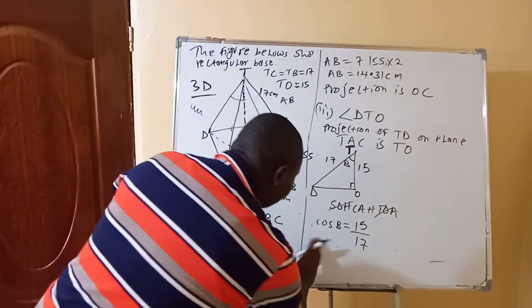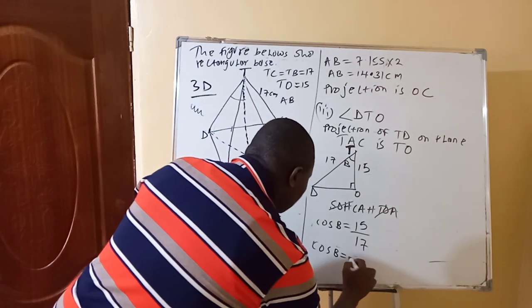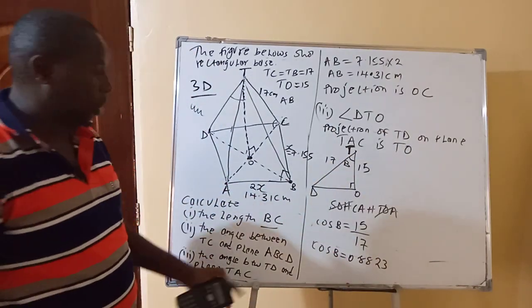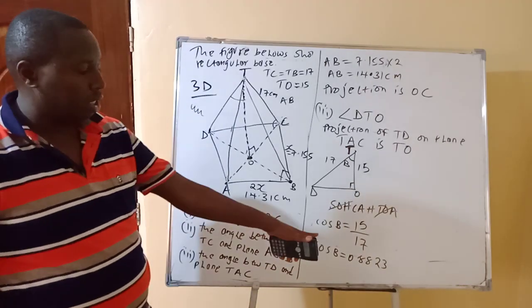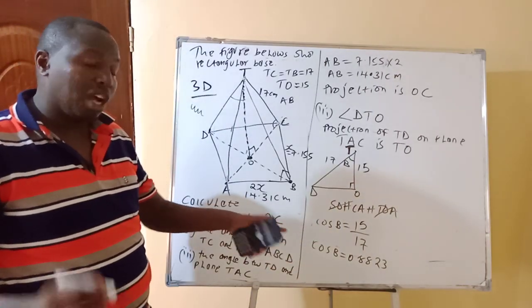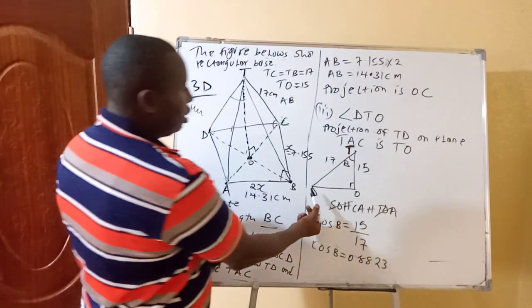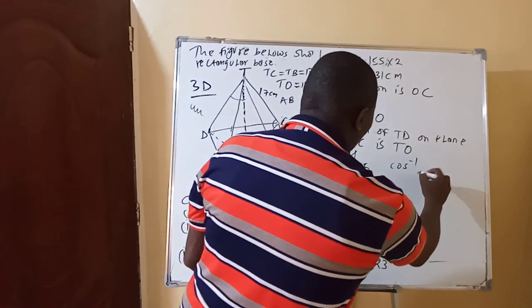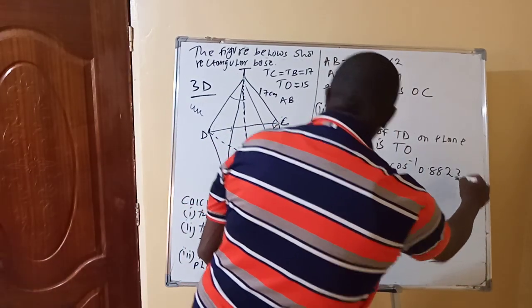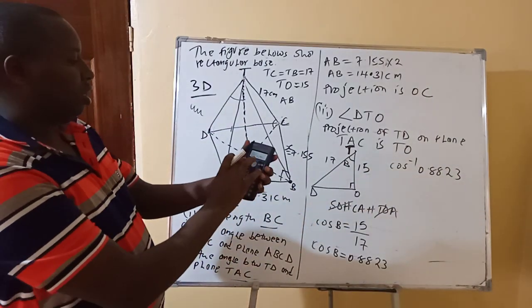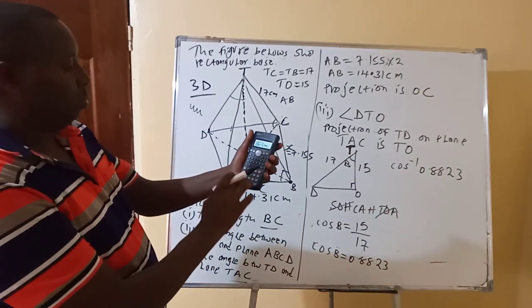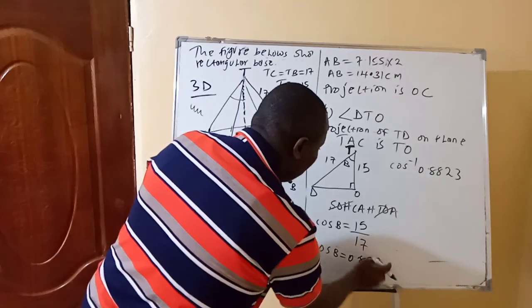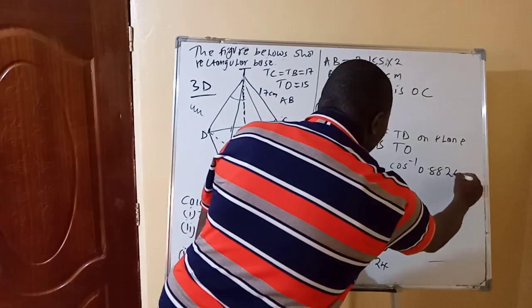In this case, you get cos beta equal to 0.8824. So to get the angle DTO, it will be cos inverse of 0.8824. Shift cos 0.8824, it is 24, not 23.